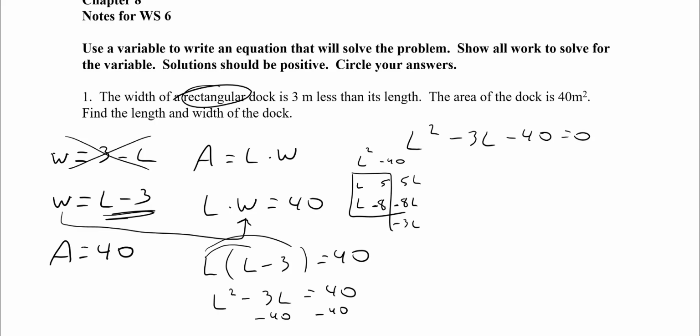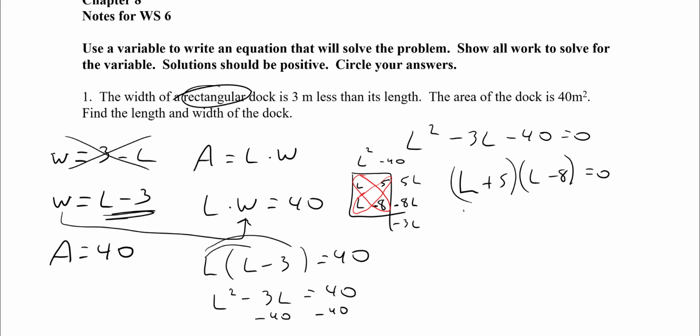With the factor box, it's L plus 5 and then L minus 8. So it's L plus 5 times L minus 8 equals 0.